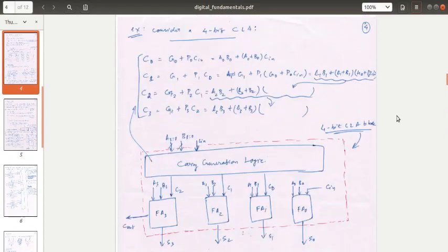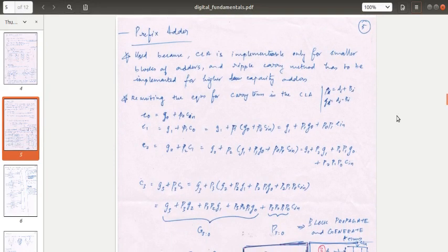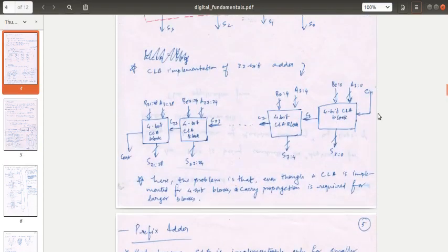In the earlier lectures we stopped at the carry look ahead adder, and we mentioned that even though carry look ahead adder is faster compared to a ripple carry adder, it is still slow because realizing a carry look ahead adder in the form that was given earlier is a little bit complex, and therefore it is usually limited to a small number of bits, like a 4-bit carry look ahead adder, and then each block is cascaded, again forming a sort of ripple carry adder.